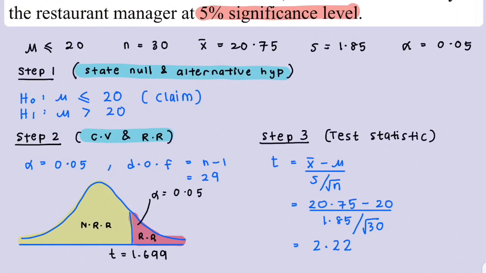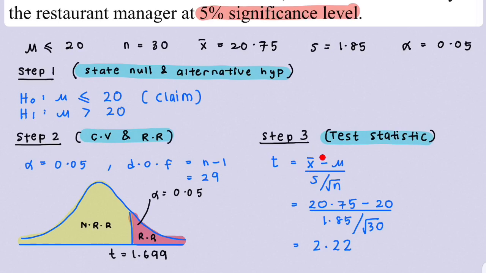Step number 3 is calculating the test statistic value. So in this step, you have the T formula, which is X bar minus mu over S divided by square root of N. So you are using S here for standard deviation from the sample. So just substitute all the values given.